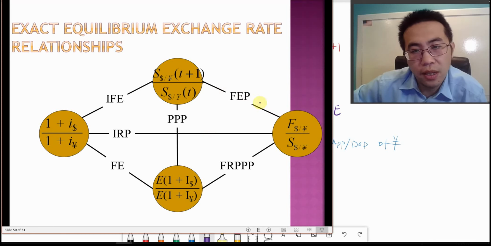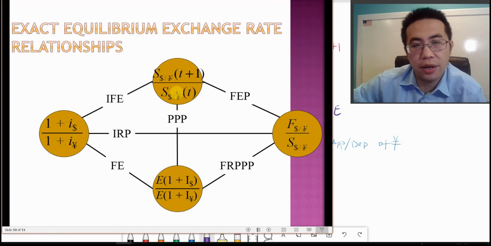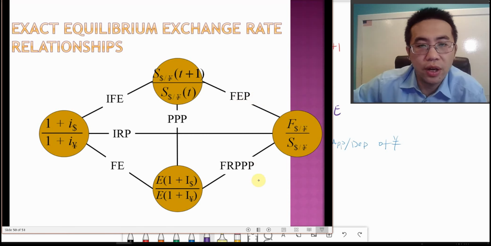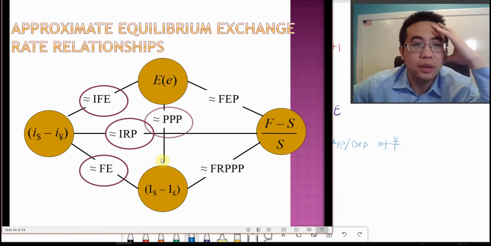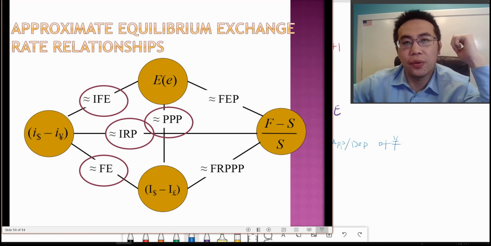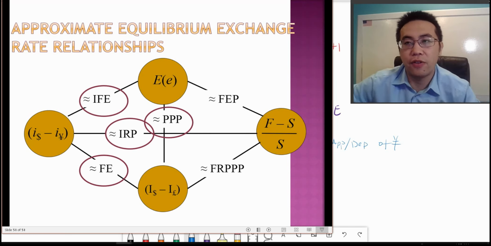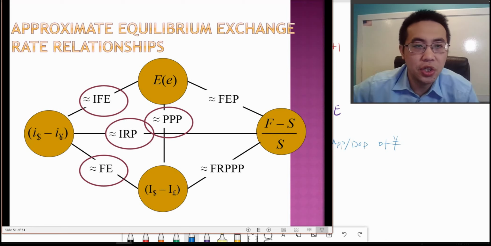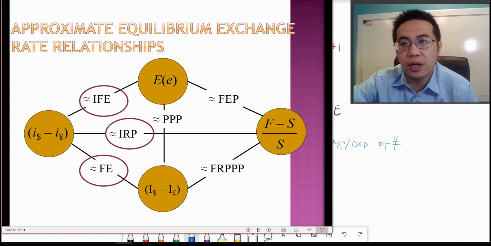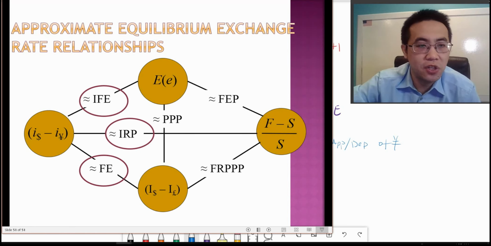And if you connect the forward over spot to the future spot over current spot, you reach forward expected parity. You just need to understand these parity relationships, and you should know that the other three parity relationships are developed based on the first three parity relationships, which are interest rate parity, purchasing power parity, and the Fisher effect.